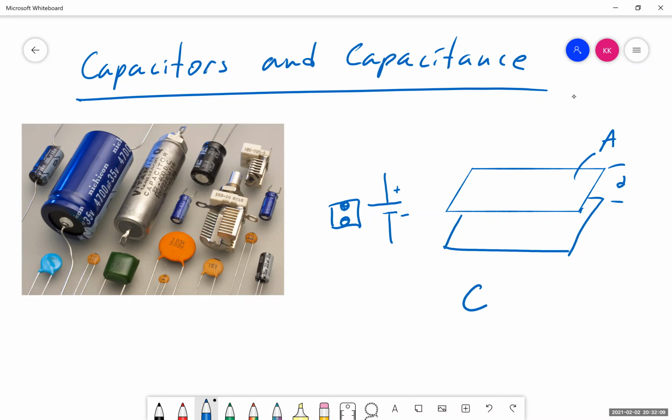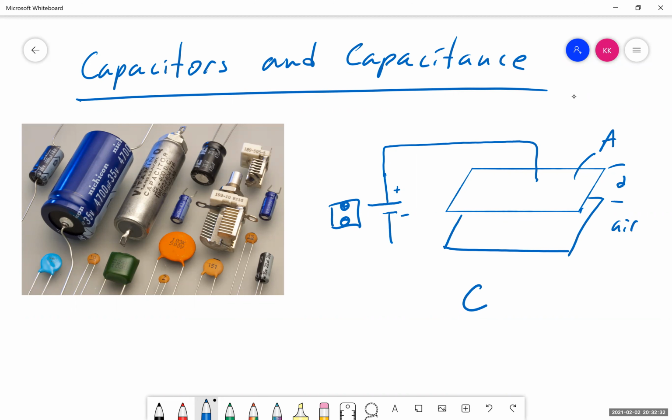Now what I need to do is connect the positive terminal to one of the plates, the top plate. By the way, the plates are not touching each other. There's a gap between them, and right now we can assume that the gap is air.